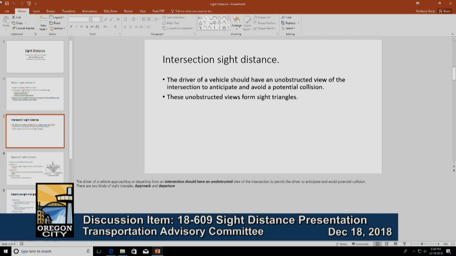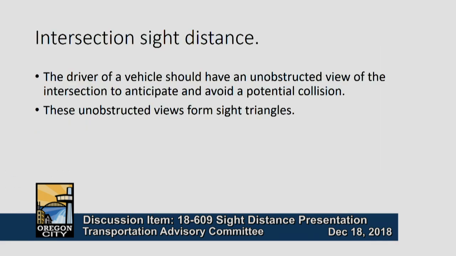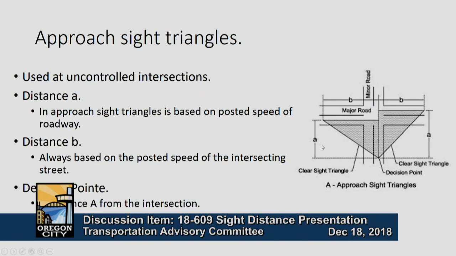The driver of a vehicle should have an unobstructed view of the intersection as he's approaching it. What it creates is triangles. You have to have a clear view within that triangle.